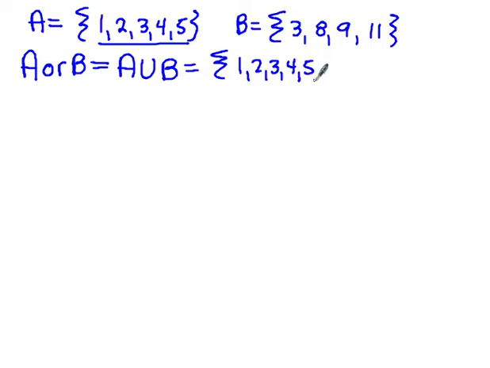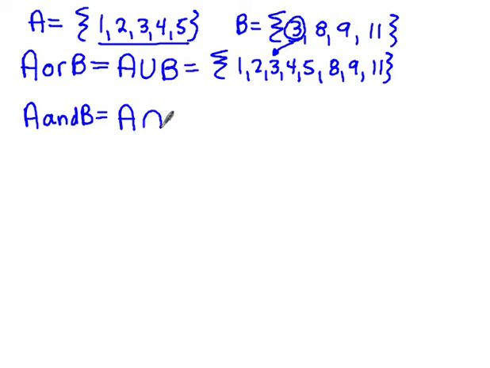And then it's everything that's in set B. But I don't need to rewrite the 3 because it's already here. Everything that's left would be 8, 9, and 11. So A union B would be the set 1, 2, 3, 4, 5, 8, 9, and 11. The other thing that we talk about is what's known as A and B in language, but in symbols it's A intersect B. Intersect says what do they have in common?